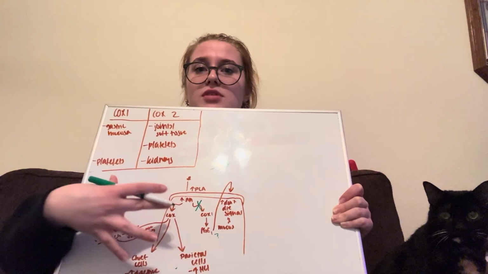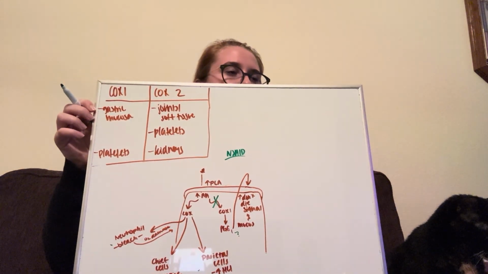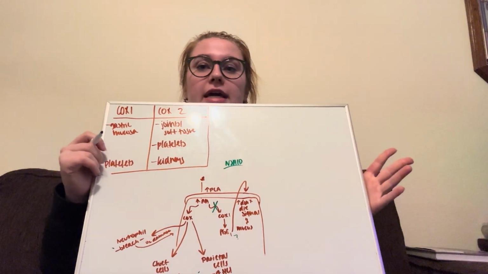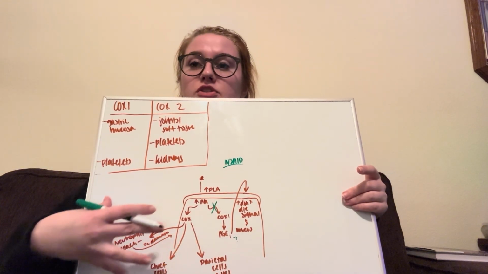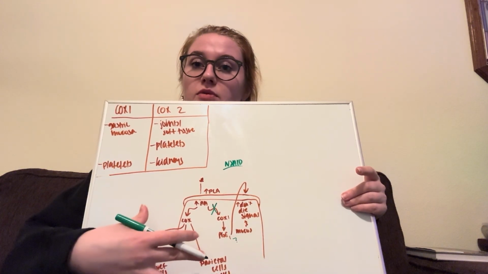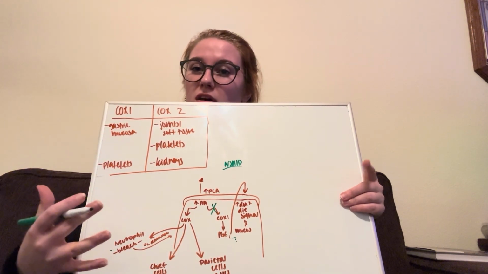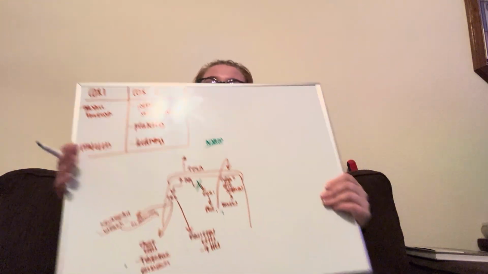So if you take too many NSAIDs, that's why they warn you that you can get gastric ulcers. So with COX-1 in the gastric mucosa, yes, it will help with pain and inflammation, but it can also cause gastric ulcers. So that's where we're at with gastric mucosa.